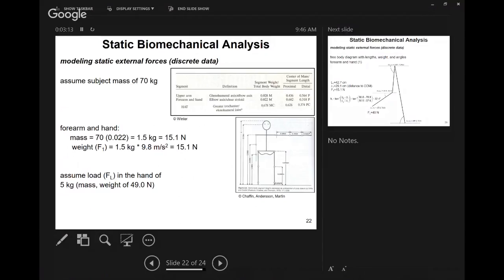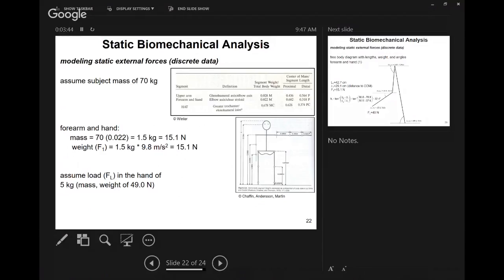And how much is that? I think I remember, because I was reviewing: 343 newtons. Cool. For the forearm and hand, it's a little bit harder, but not a lot more work.